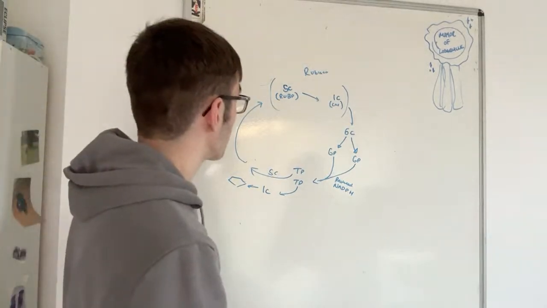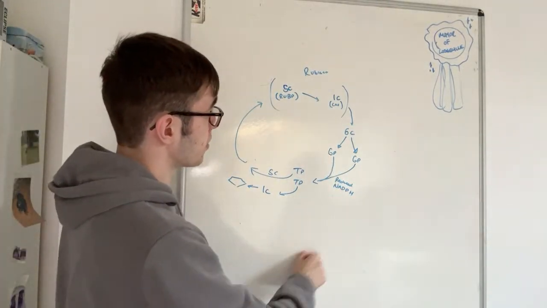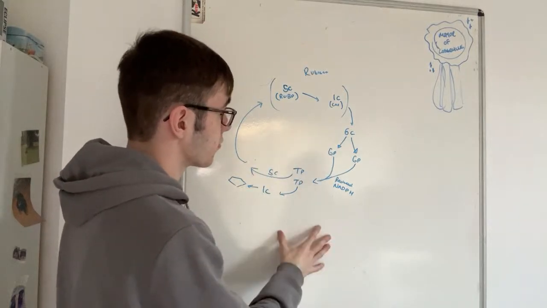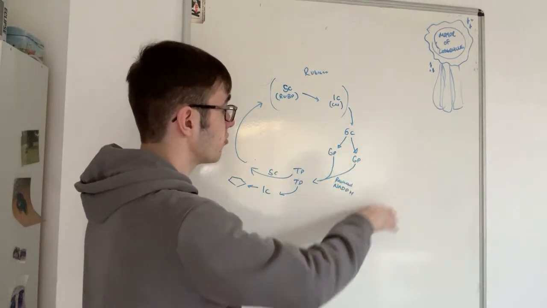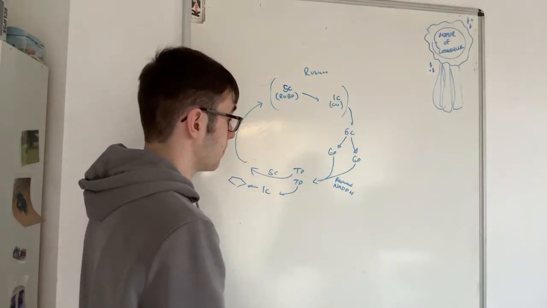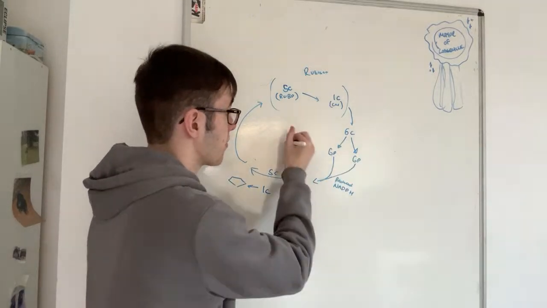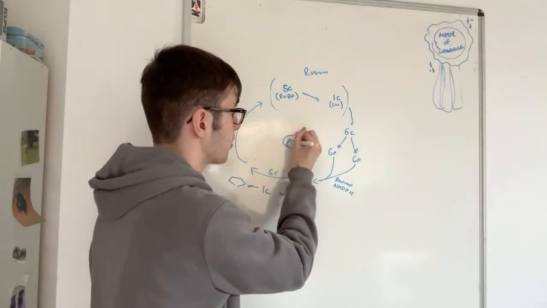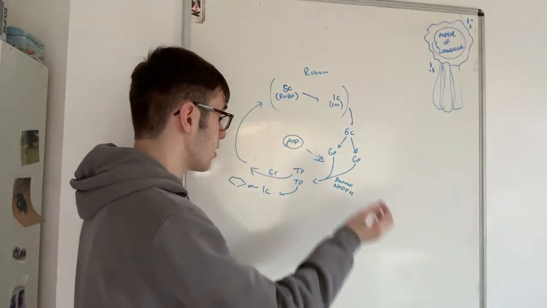So that is the Calvin cycle. A 5-carbon compound and a 1-carbon compound combine together via Rubisco to become 2GP. The 2GP are reduced by NADPH in order to become 2TP, which requires energy from adenosine triphosphate, I should specify.